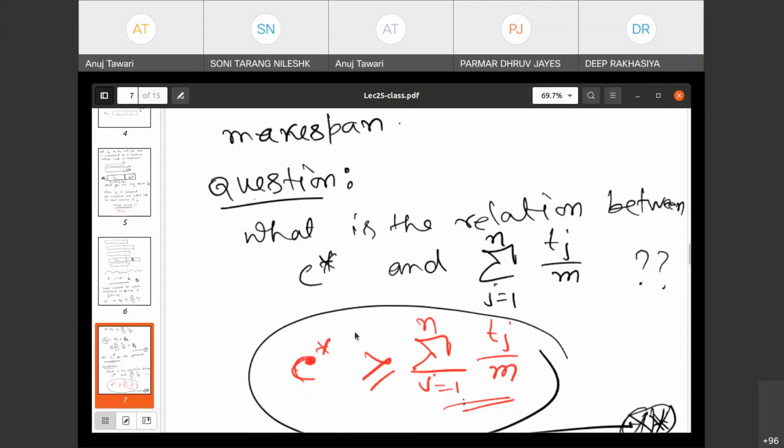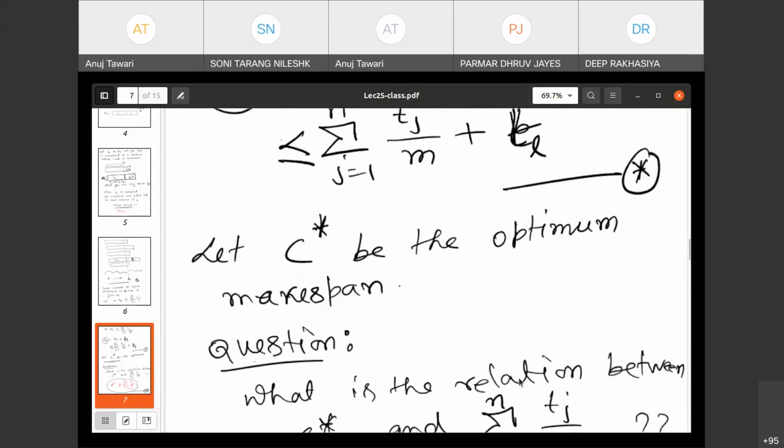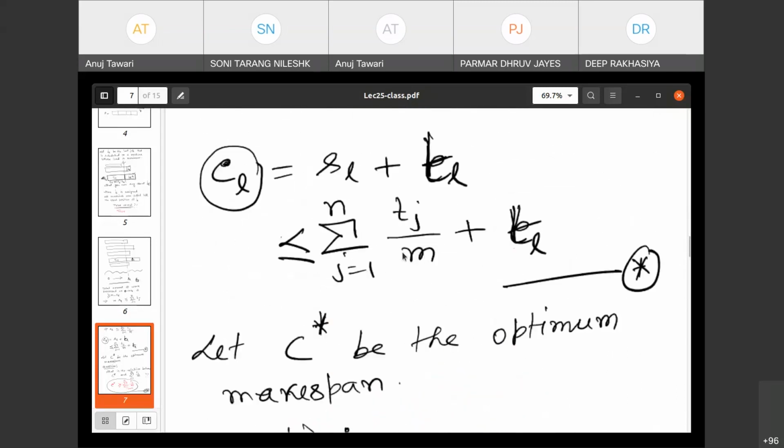So the optimal solution is at least this much. It may not be equal, but it should be at least this much.